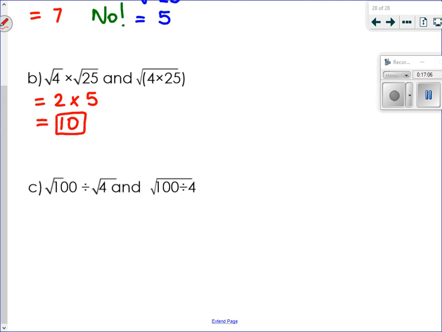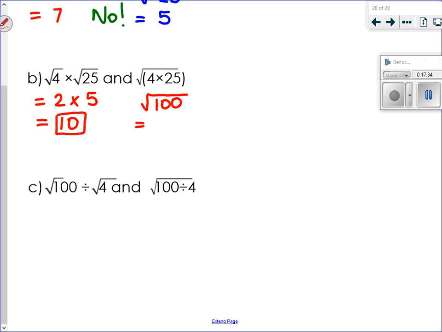Okay, let's see if the square root of whatever 4 times 25 is. No? 4 times 25. 4 25s. Think of money. Think of 4 quarters. How many cents do you have if you have 4 quarters? 100. Okay, that's actually the square root of 100, which is what two identical factors multiply together to give me an answer of 100.